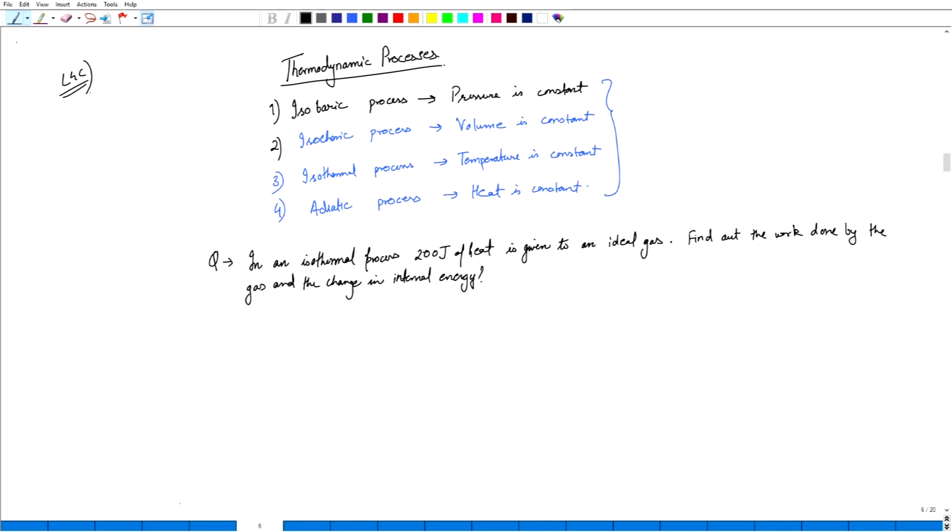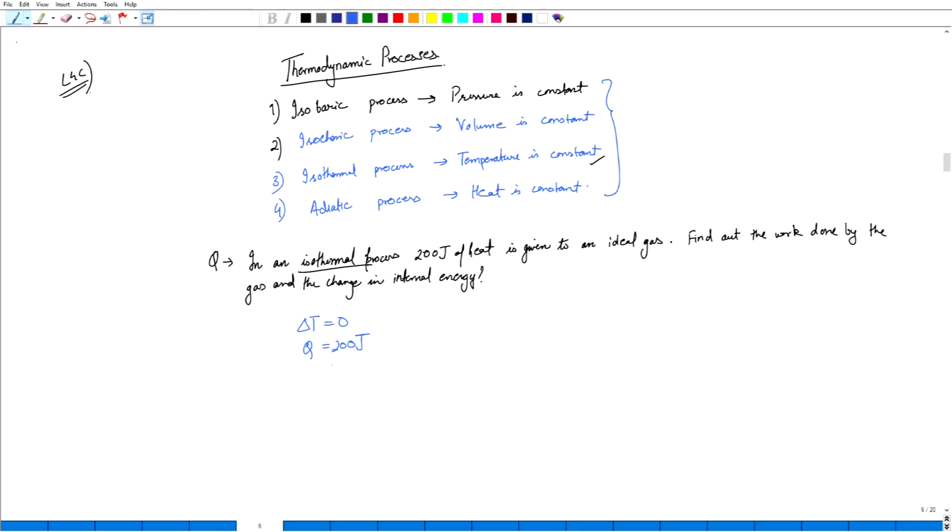Okay, so we have an isothermal process. In an isothermal process, we know that the temperature is constant, so delta T is 0. Q, that is 200 joule, is given to the system, so it is taken to be positive.